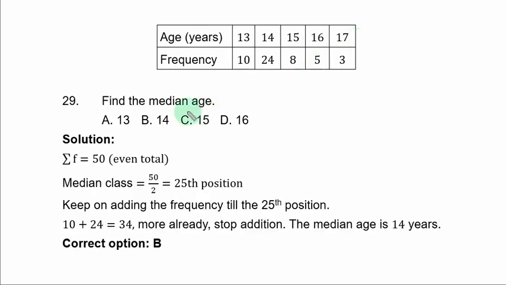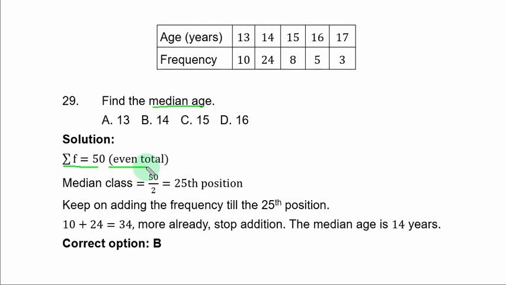Question 29. Find the median age. What we have here is grouped data. So to get the median, first you have to add the frequency, and from 28, sum of frequency is 50. 50 is an even total. If it is odd, you add 1.